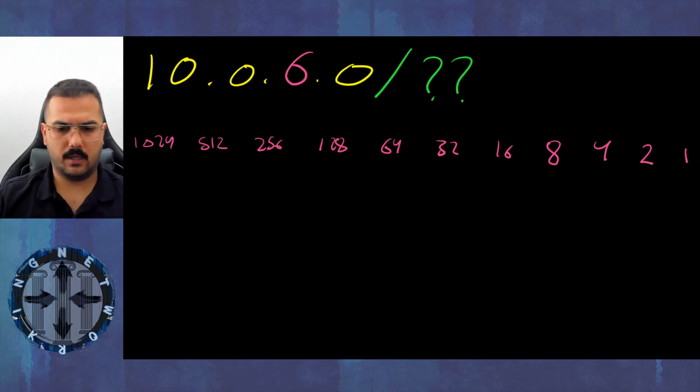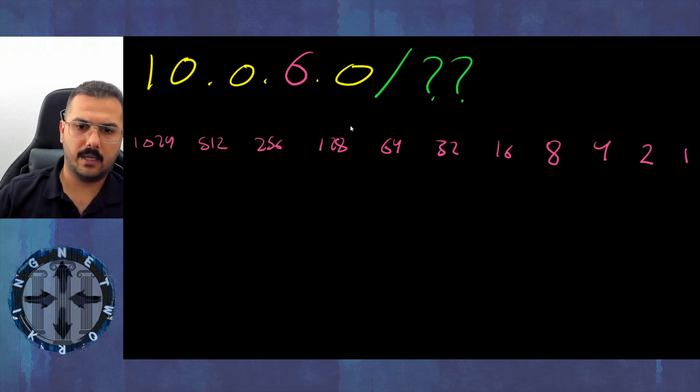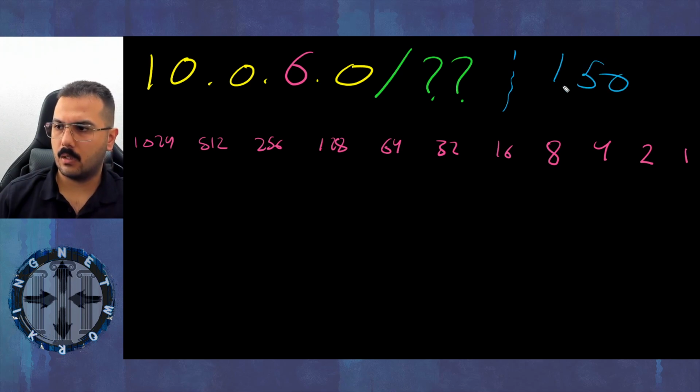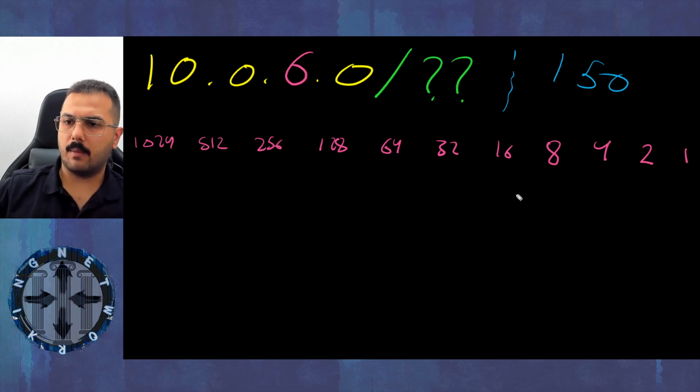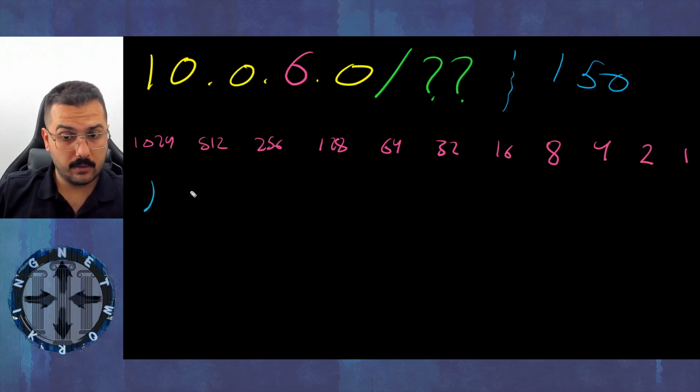150 consumers. Example number 3. First step, diagram, done. Second step, 150 plus network ID plus broadcast ID equals a total of 152 IP addresses.